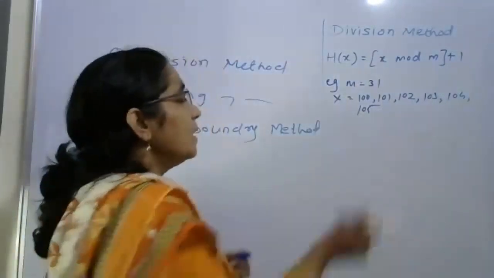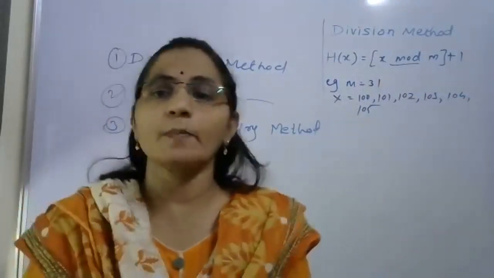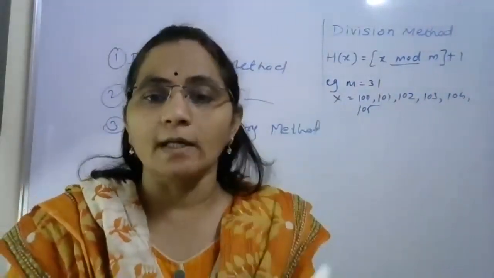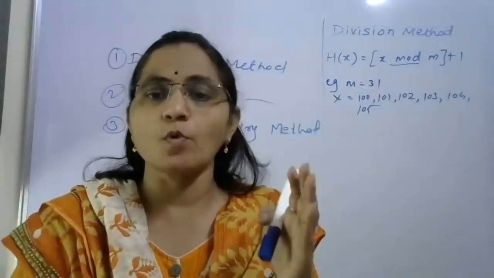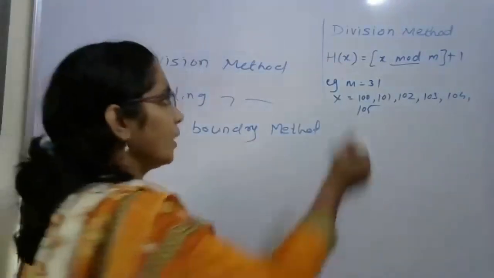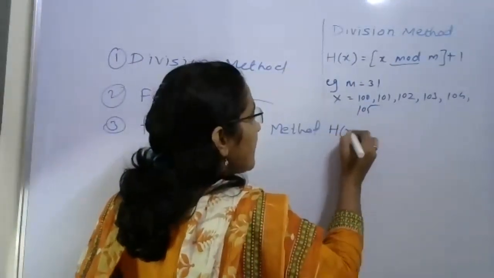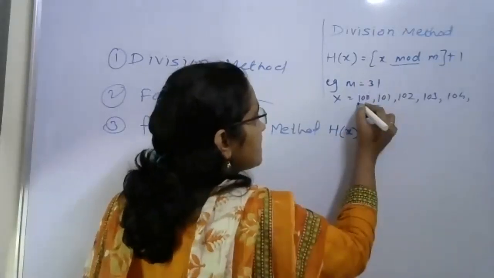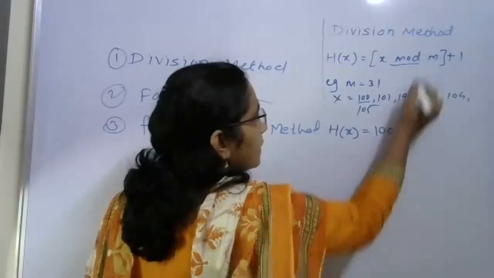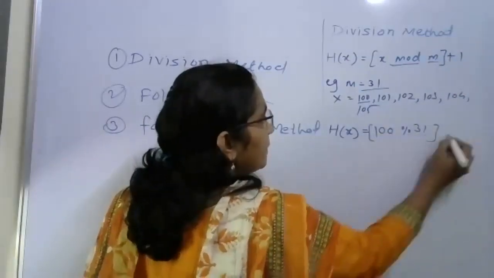So how to calculate this? Mod, all of you know, is one of the arithmetic operators, which is generally used to find out the remainder after the division. Means if you want to know the remainder, then you use the modulo operator. So according to this formula, I put in the values. h(x) equals x, suppose I take the first value 100, then mod m, the value of m is 31, and then plus 1.